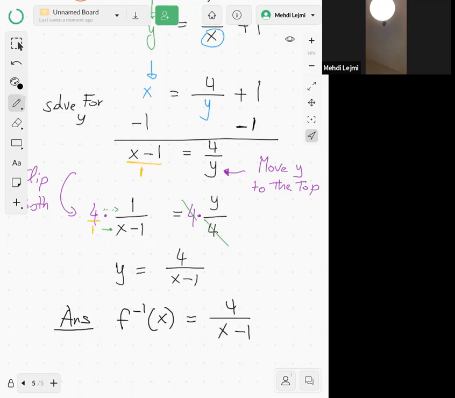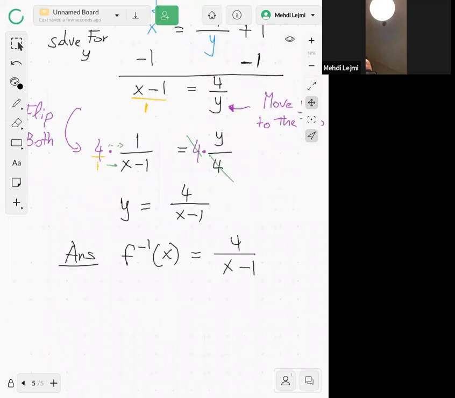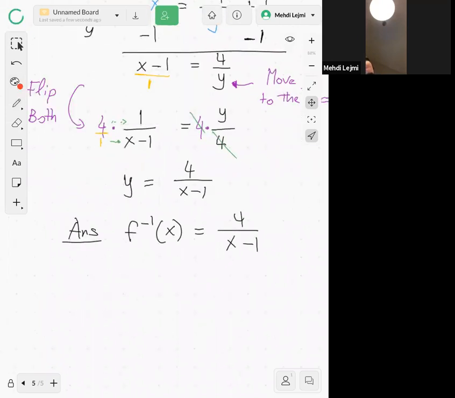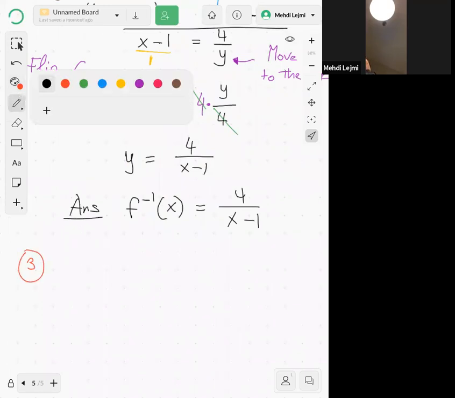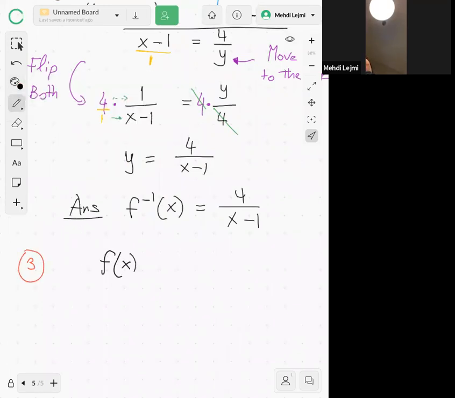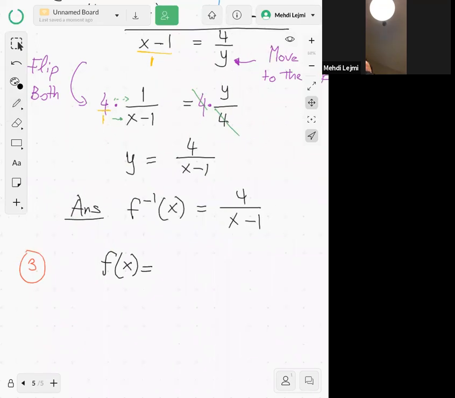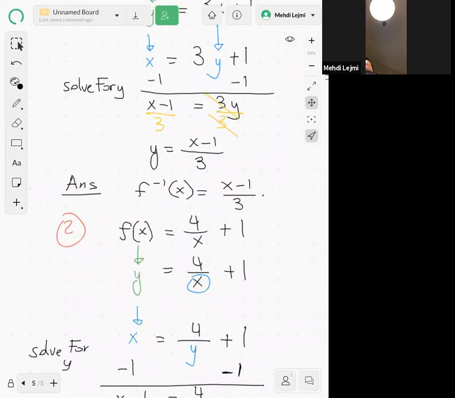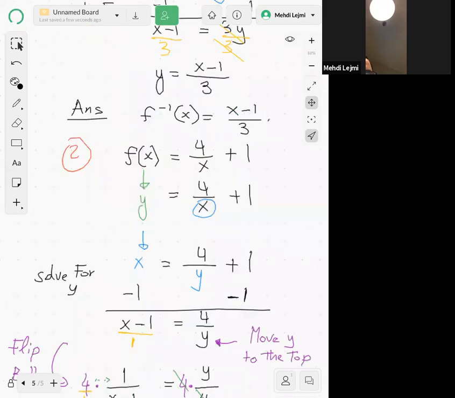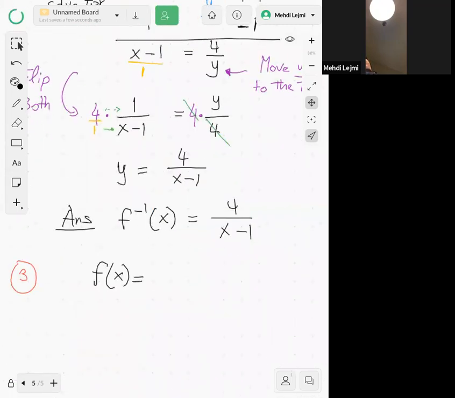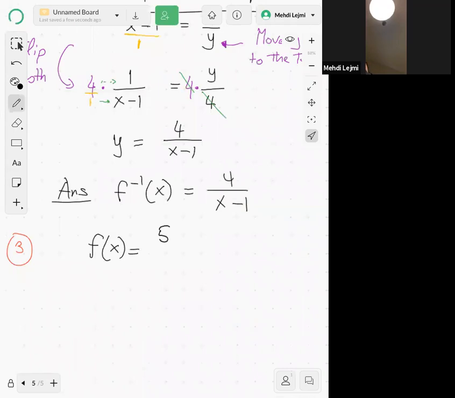All right, and last, so number 3 and last one in the last 3 minutes. Number 3 was f of x, which is 5 minus x over 1 plus x.